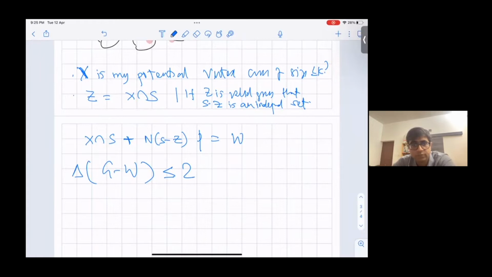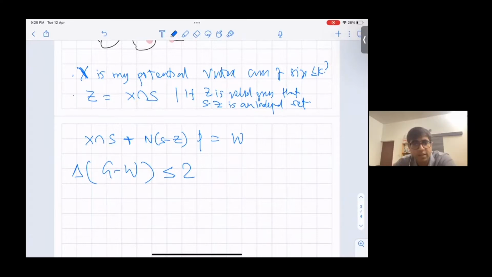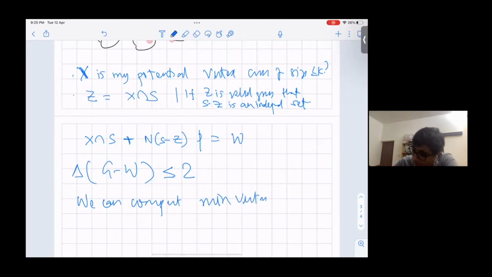Yes. Okay. If that is fine with everybody, then what can be computed in G minus W? We can compute a minimum vertex cover of G minus W in polytime.